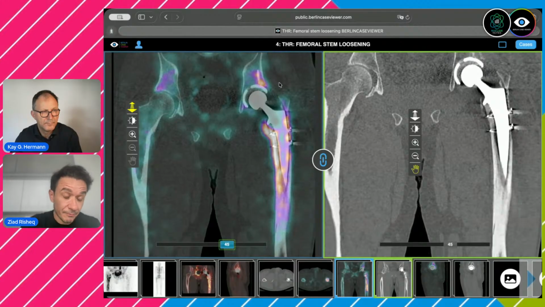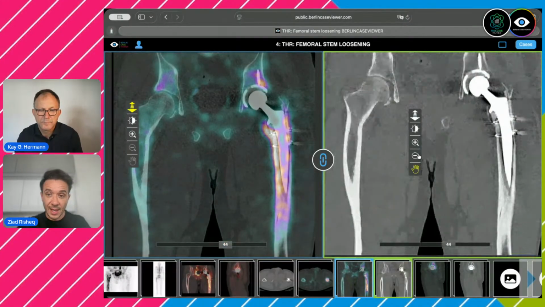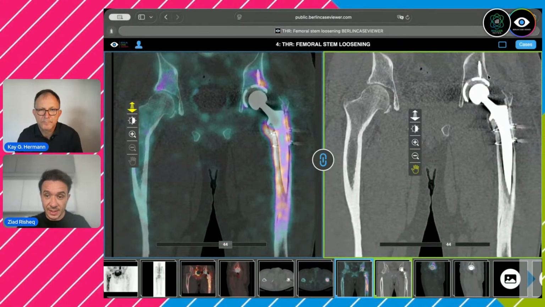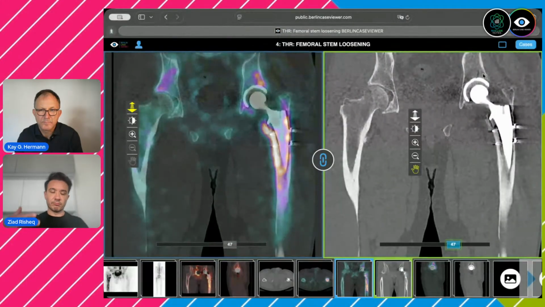You can see in zone 1, under normal conditions, you can see uptake because you have constant bone remodeling over here. And sometimes you can see some kind of osteophytosis over here because the load transfer is around this region, and so the bone responds with bone remodeling.